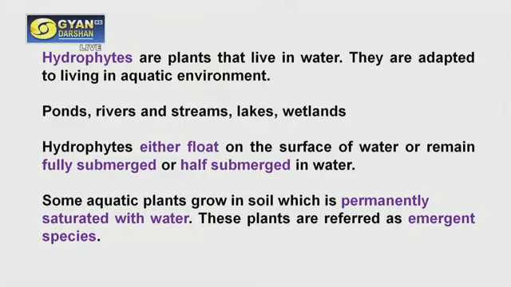There will be different groups: certain hydrophytes which are totally immersed, certain hydrophytes which are floating, and certain hydrophytes which are half submerged and half aerial, with certain parts above the water surface and certain parts below it. Depending on whether they are fully submerged, partly submerged, or aerial, there are differences in the adaptive features.